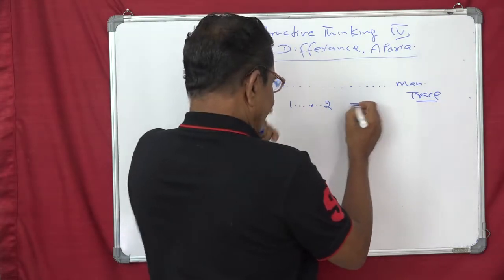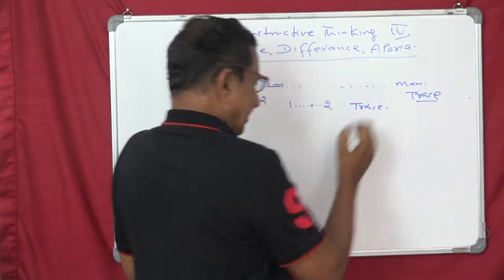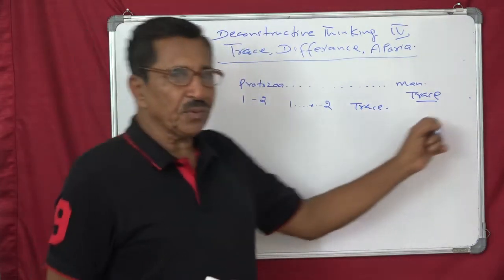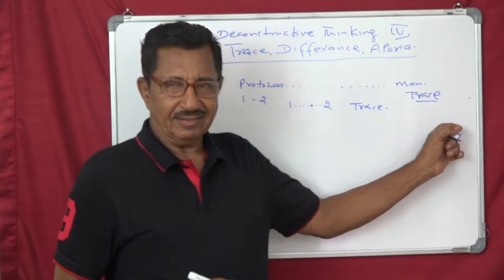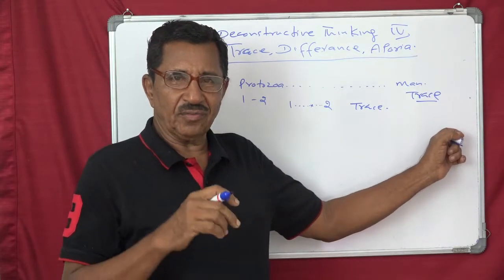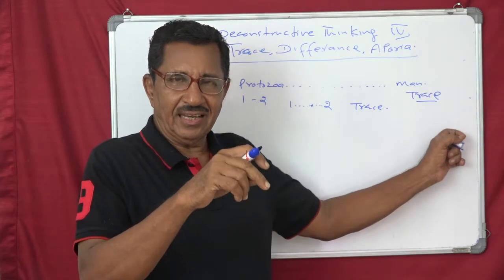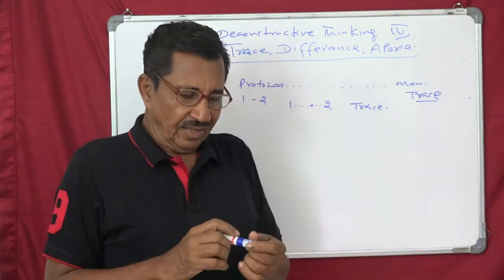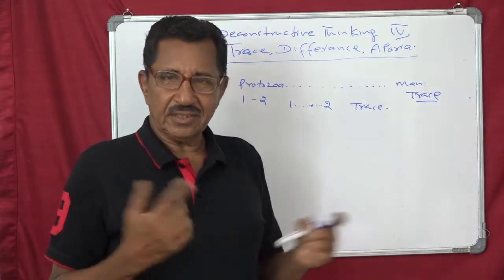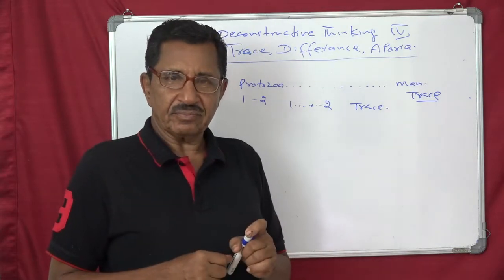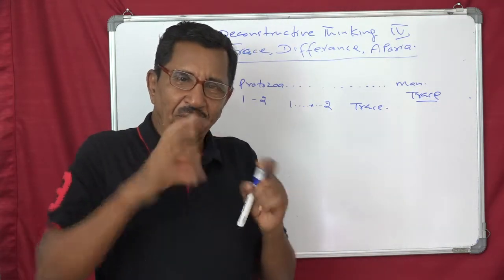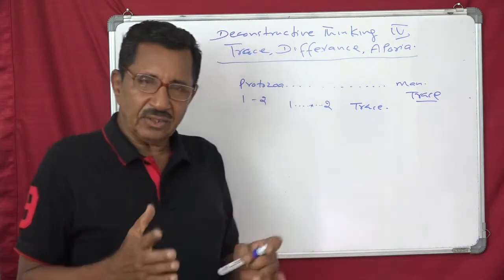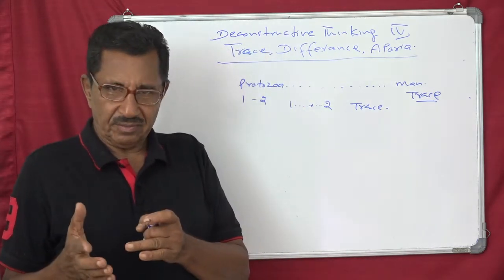Again, another way to explain this: like that up to 9, 1, 2, 3, 4, 5, 6, 7, 8, 9, and all those combinations and permutations, you find there is something common. So 1 is not absolute, 2 is not absolute.